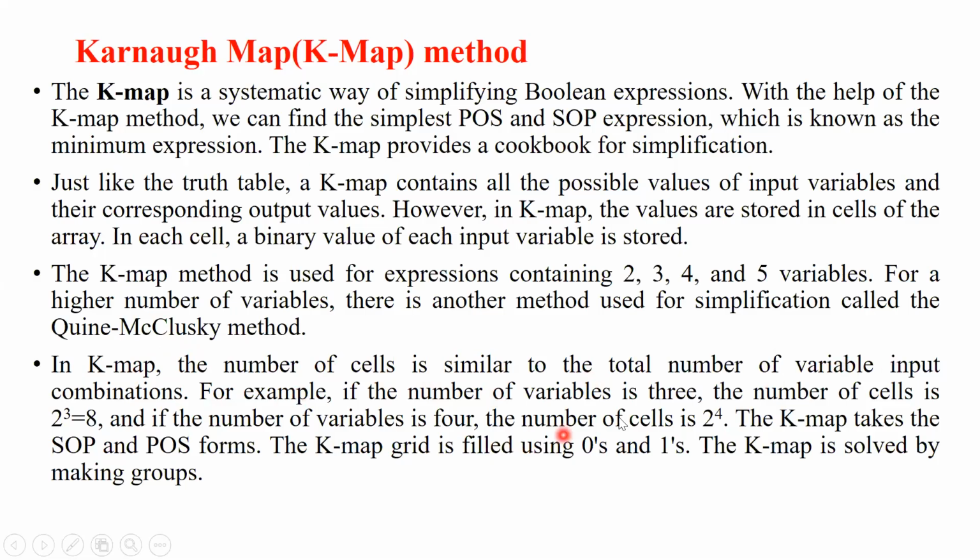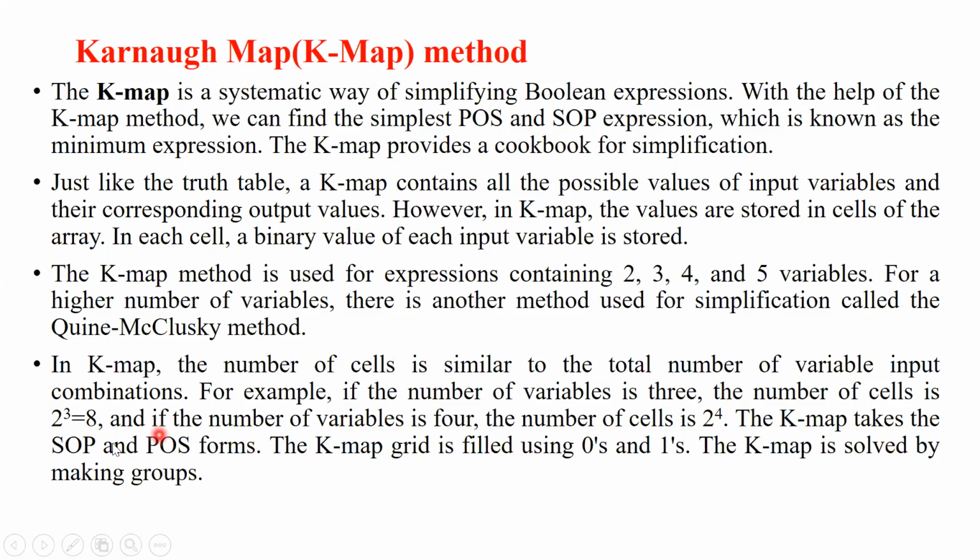For example, if the number of variables is 3, suppose I have A, B, C or X, Y, Z, the number of cells will be 2 raised to 3, which is equal to 8. So I have to draw 8 square boxes. If the number of variables is 4, the number of cells will be 2 raised to 4, so 16 boxes.